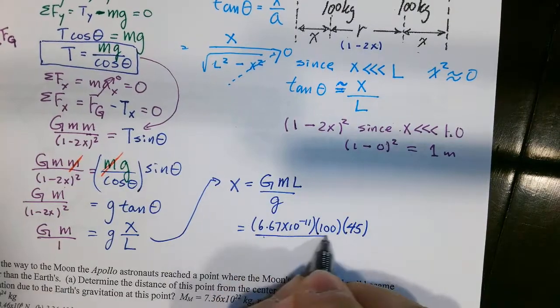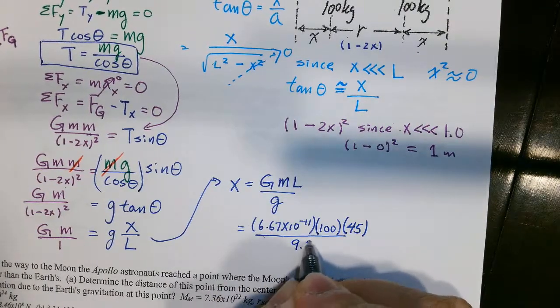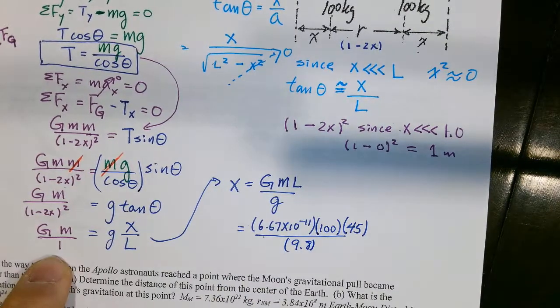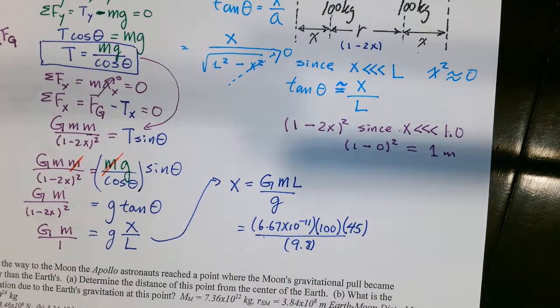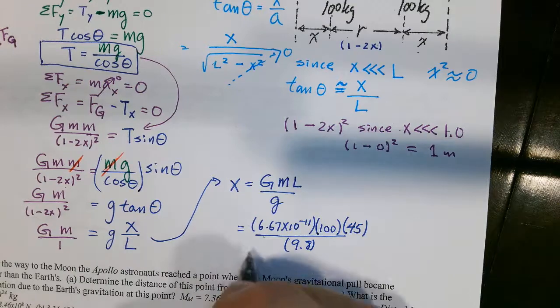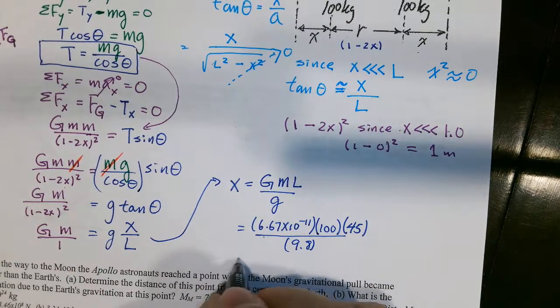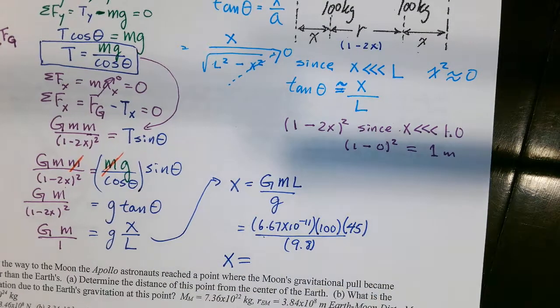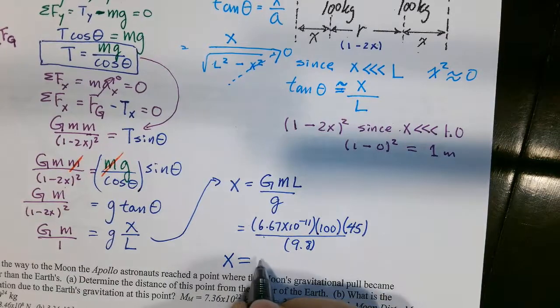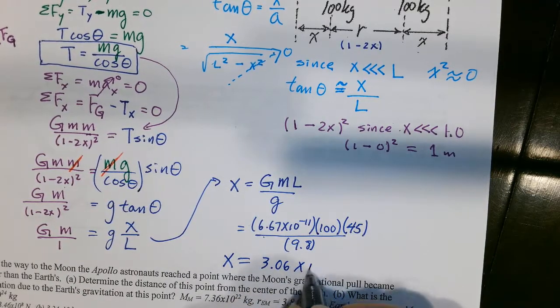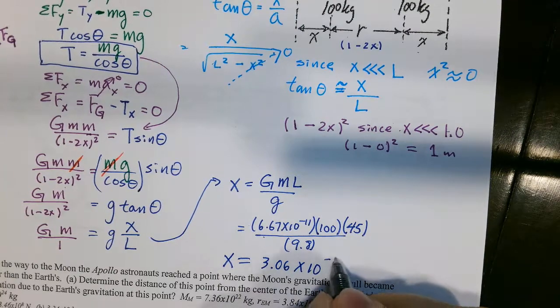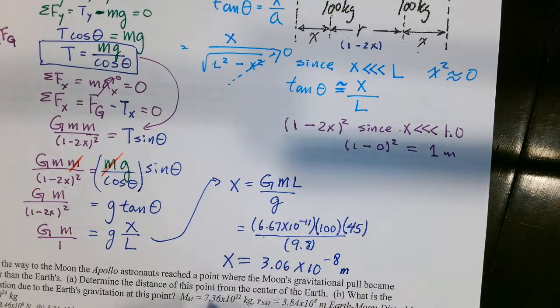Whole thing divided by 9.8 times 1, I guess, right? So your x, your deflection, comes out to 3.06 times 10 to the negative 8th meters.